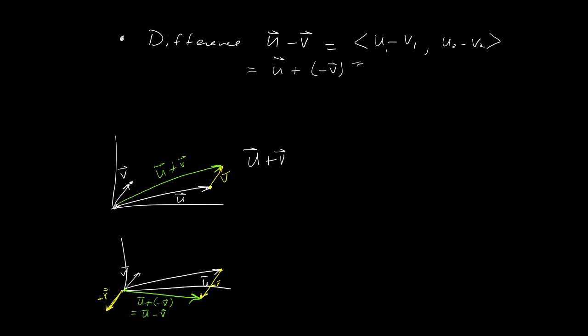Another way that we can do that is to take u and v, go back to white. So here's u, here's v. We can take u and v and draw them nose to nose, like tip of the arrow to tip of the arrow.